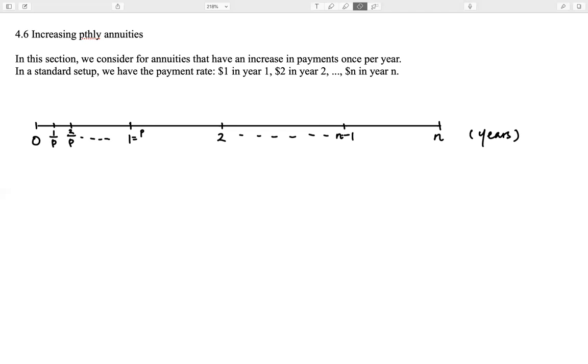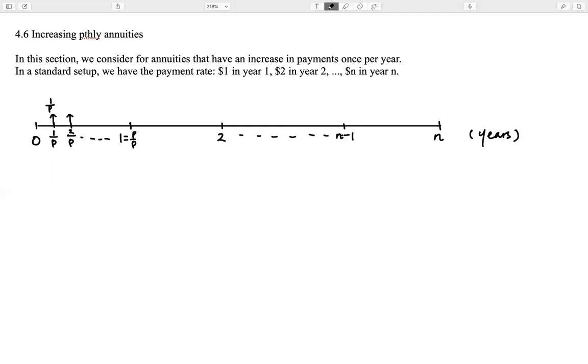So the payment rate in the first year is $1, and here we assume annuity immediate, okay? So 1/P.